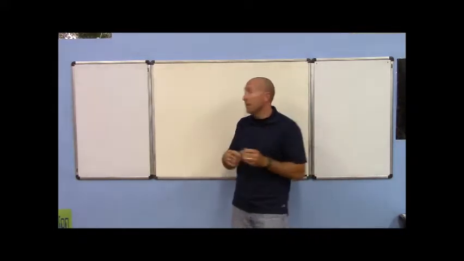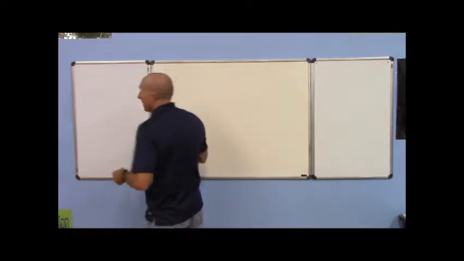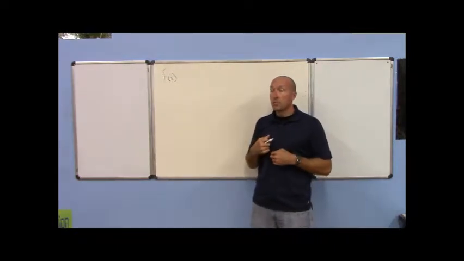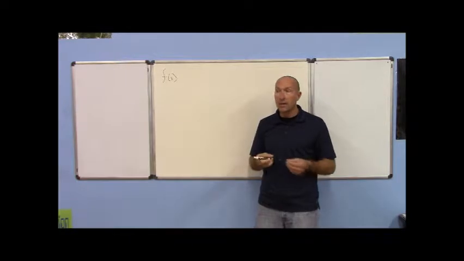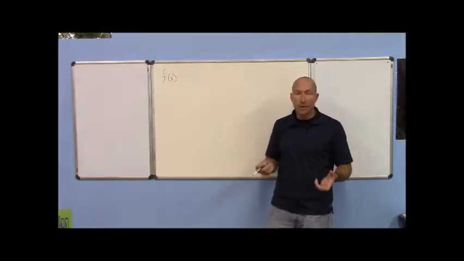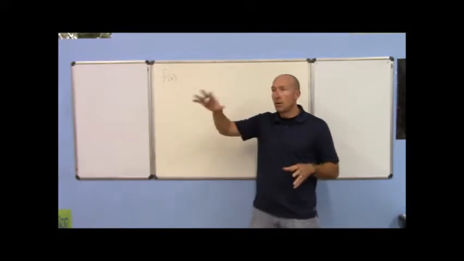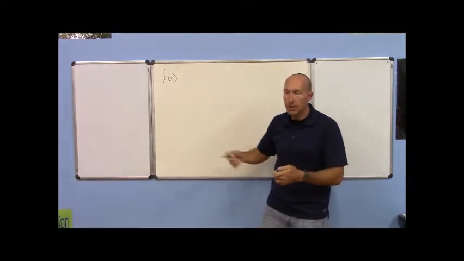Whenever you see f of x, that means we're talking about a function of something, and we're probably going to end up using a graph in some form or fashion, because the best way to understand functions is how they move along in a series given certain information.